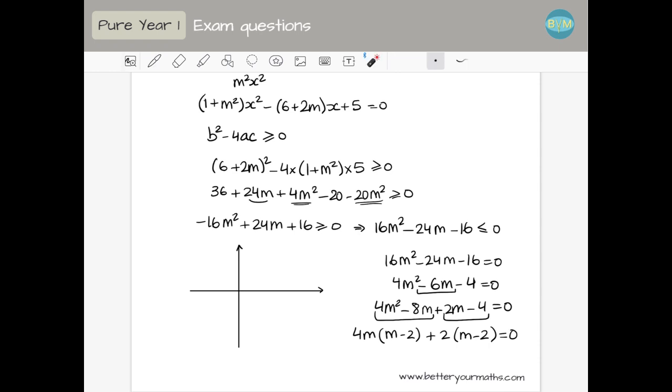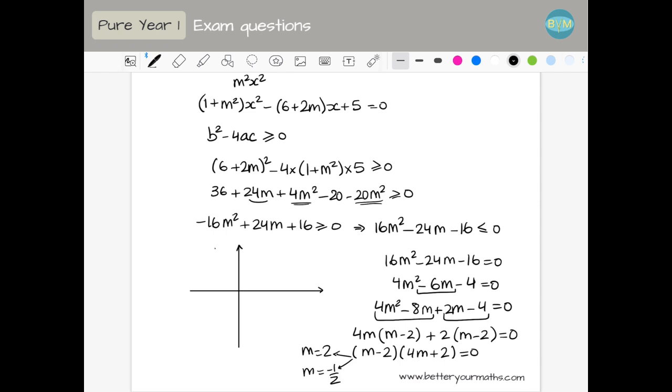These two are common, so I can factorize again and write m minus 2 multiplying 4m plus 2 equal to 0. And from here, I have my two roots. One root is m equal 2, and the other is minus 2/4, which is minus a half.